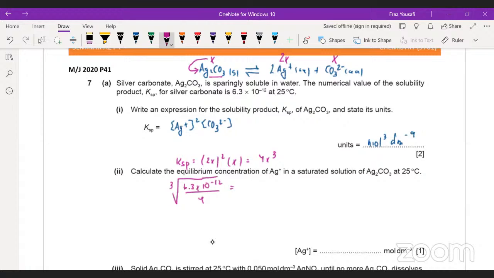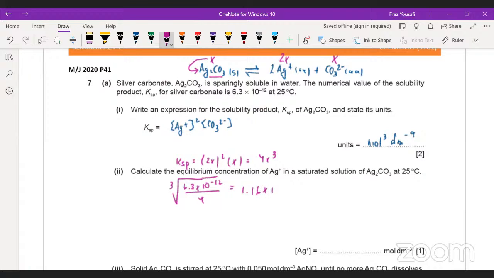This, in turn, will tell you exactly and precisely the concentration of your Ag plus here, or your concentration of the silver carbonate, and that comes out to be 1.16 times 10 to the negative 4.